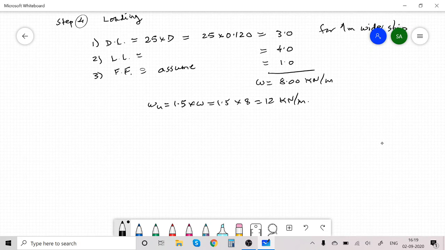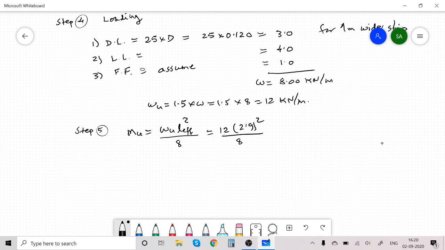Then step number 5. In step number 5, knowing the effective span and the factored UDL, we calculate Mu is equal to WU L effective square by 8. WU is 12, L effective is 2.9 in meter square by 8, that is equal to 12.615.